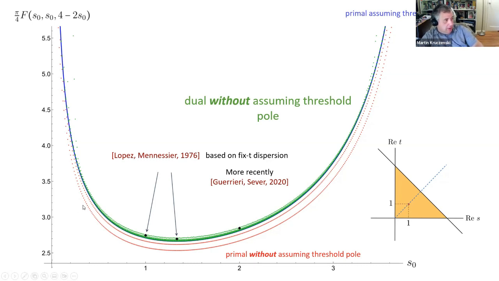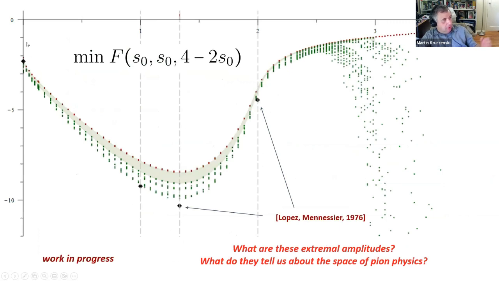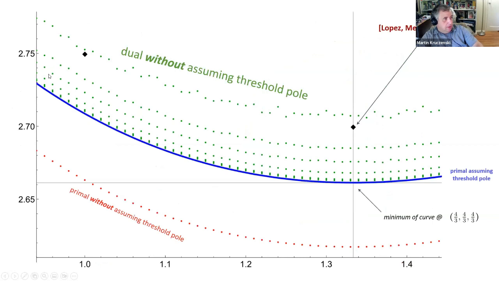So for any physical quantum theory of scalar particles, the amplitude of scattering in this unphysical region has to be smaller than this curve. For example, you can zoom, but it also has a minimum. The minimum is harder to compute. This theory seems to be more complicated, but any quantum field theory has a scattering amplitude in that unphysical region between this minimum value and this maximum value.